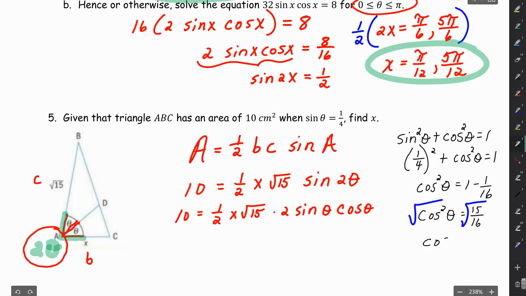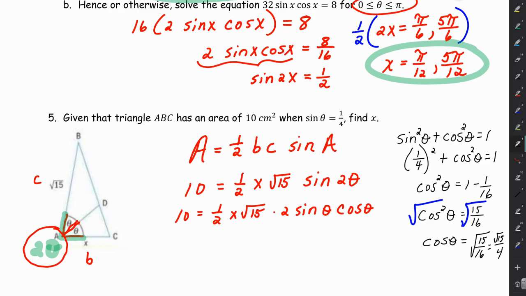So we get the cosine of theta is equal to positive root 15 over 16, or maybe a little nicer to write is root 15 over 4, because the square root of 16 is 4. And we know it's positive because we're using a triangle, and we can't have any lengths that are negative. All right, so we're almost done.